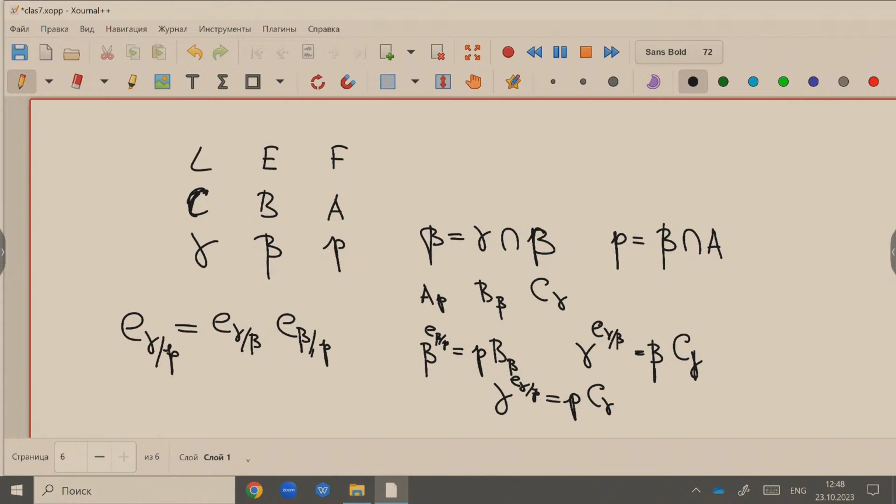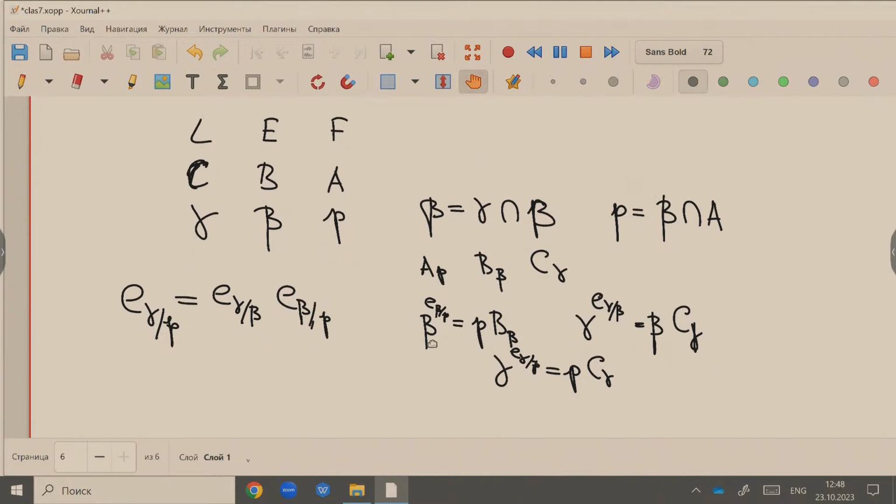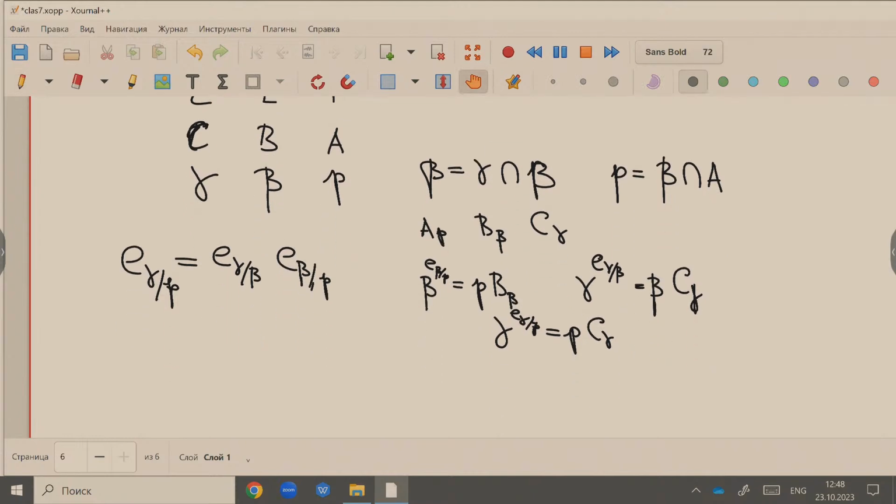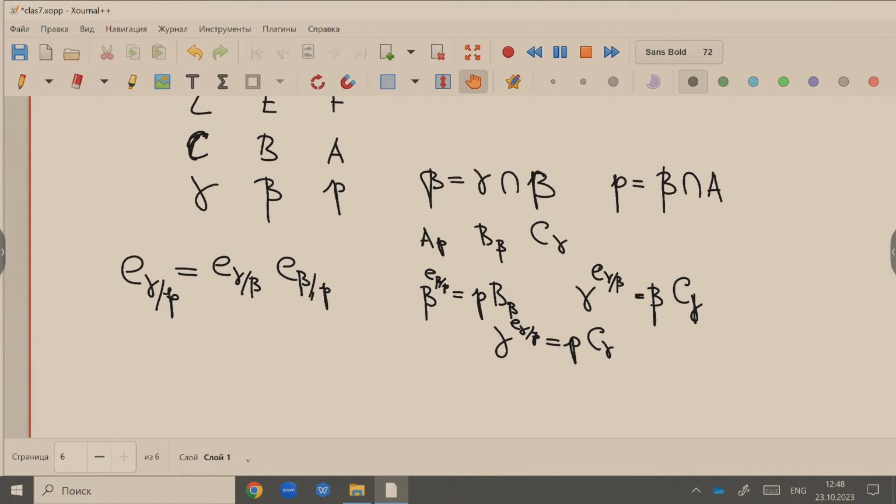And more generally, you can also keep track of f. You have the extension, and you also have the same for the ramification and for inertia indices.